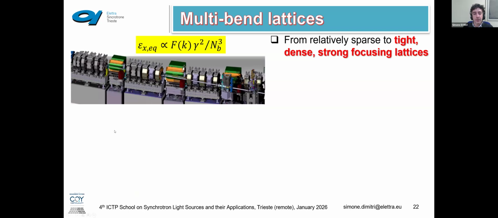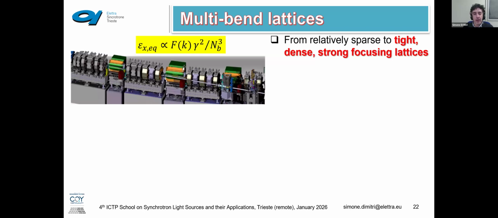It's not just a matter of multiplying the number of dipoles in any given circumference, but the fact that these dipoles are so many means each of them is relatively weak in bending the particles. So you have to focus the electrons strongly passing from one dipole to another. This implies many more and stronger quadrupole magnets, which we were not able to build in a satisfactory manner until one or two decades ago.